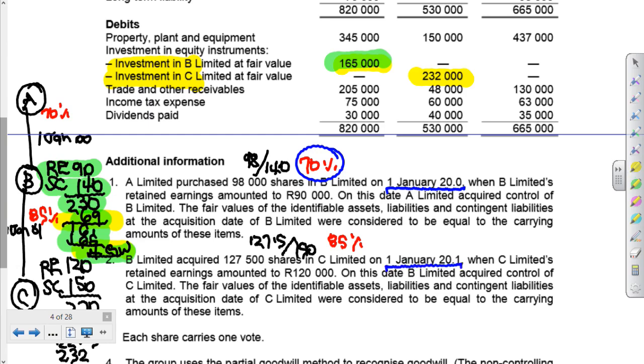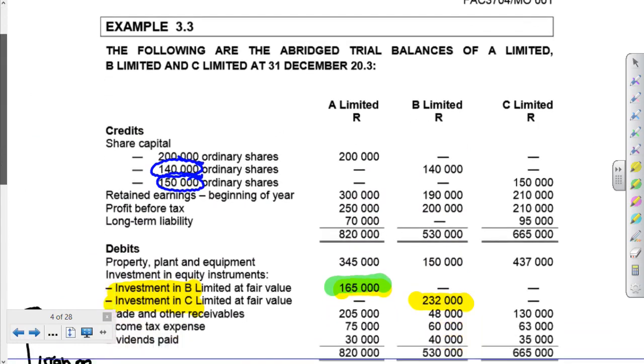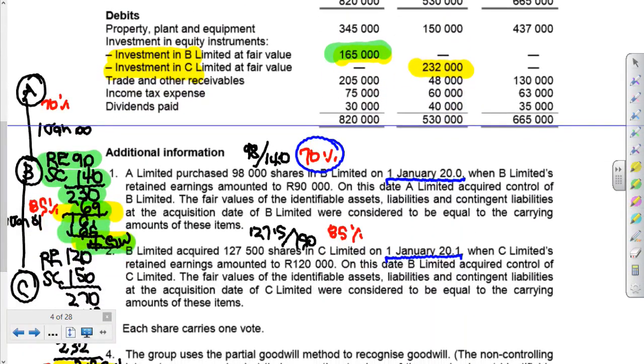Then, on the 1st of January 2001, B acquired 127,500 shares in C. If I look at C's share capital, they've got 150,000 shares. So 127,500 divided by 150 is 85%. At that date, the retained earnings was 120. And everything else is fine. There's no adjustments.